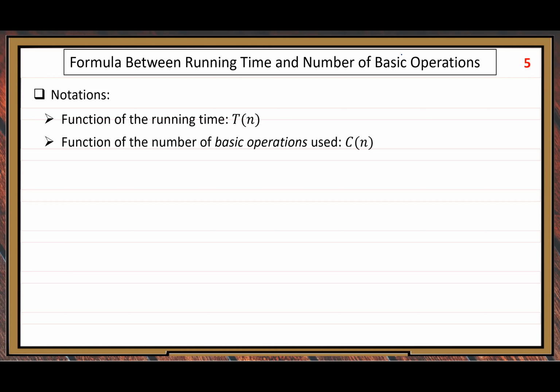Then we use another function that gives us the number of basic operations used. Basic operations for different problems could be different. Could be addition, multiplication, or comparisons. For this class, most of the time we use comparisons.